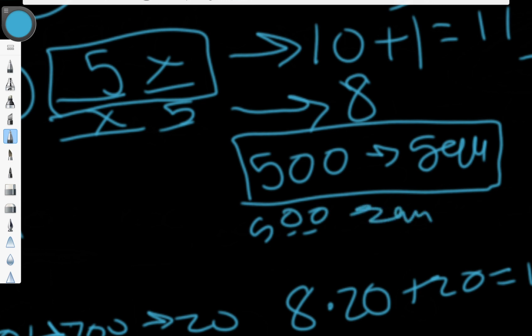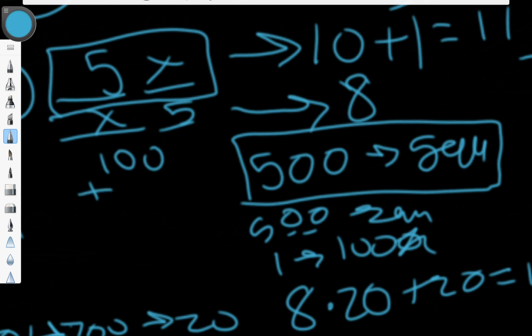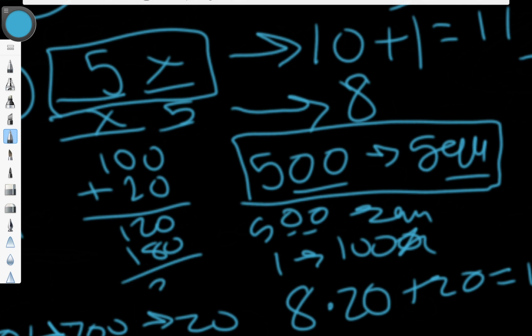We're contributing one 5 for each of these numbers in the hundreds digit, and we're going to have 100 numbers. So we're going to have 100, plus the number from 0 to 99, which is 20. That's 120, plus the 180 that we had earlier is 300.